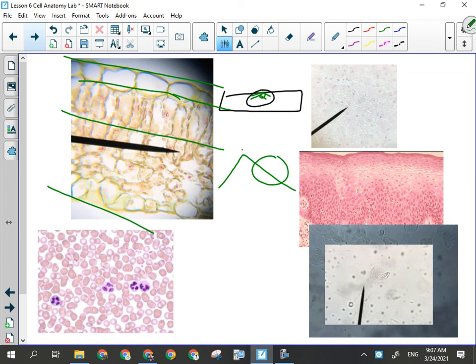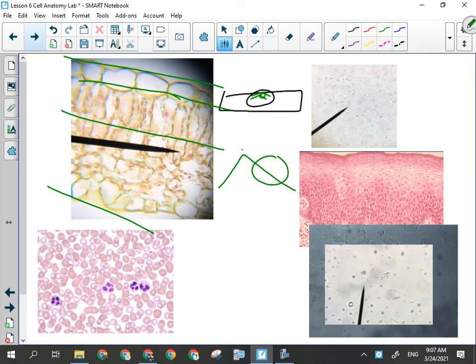They're columns of cells, all stacked really close together. So we want to look for an individual cell and get the best picture we can of that, and then you're going to label it. Now, if you need to label more than one cell to label all the structures you can see, that's fine. You're labeling a diagram, but you want to try your best to get one really good cell if you can.